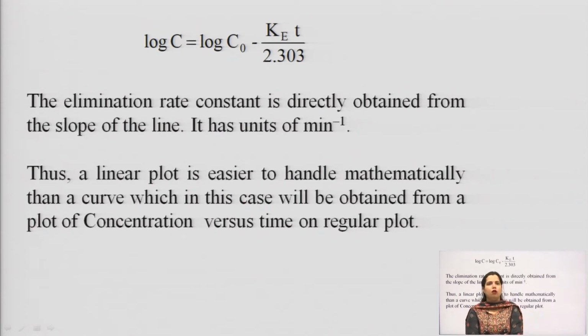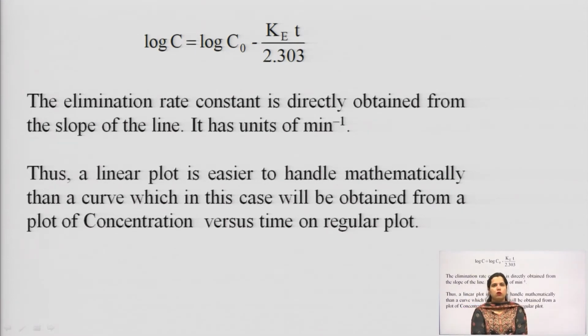A linear plot is easier to handle mathematically than a curve, which in this case is obtained from a plot of concentration versus time on a regular plot. Linear plots are comparatively easier than a curvy one.